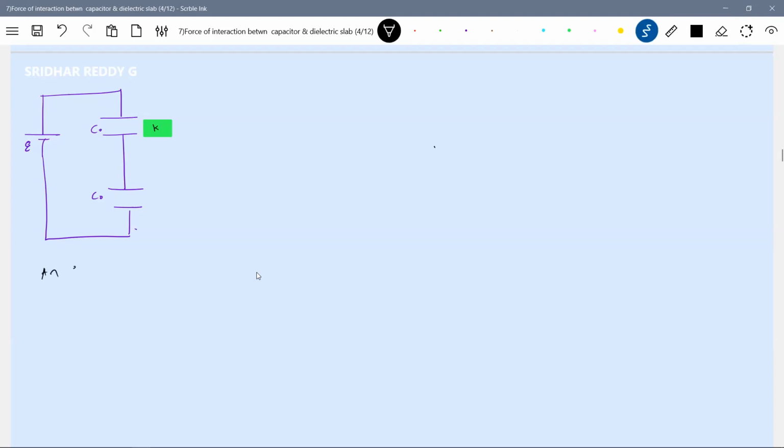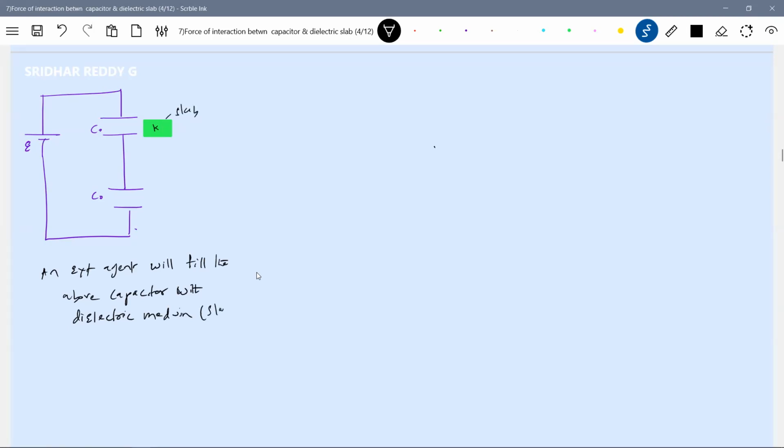An external agent will fill the above capacitor with a dielectric medium. That only I'm calling slab here.